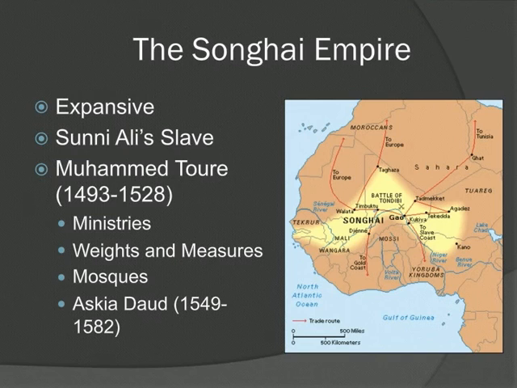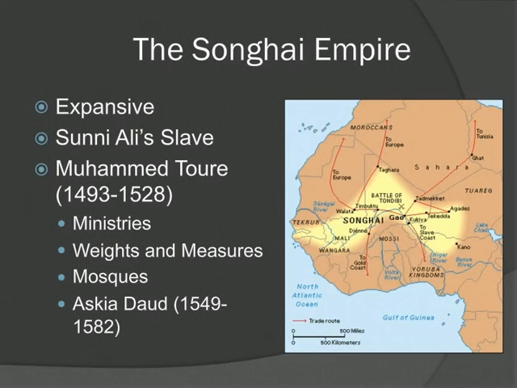Sunni Ali is the man who created it and made it this large, but actually it was a slave, Muhammad Toure, who staged a brilliant coup against Sunni Ali and made it an Islamic political machine, really. As you can tell from their names, these are Muslims.